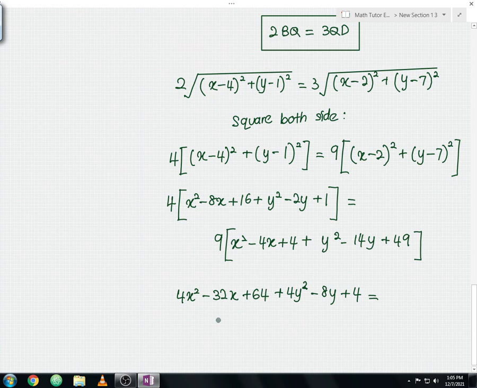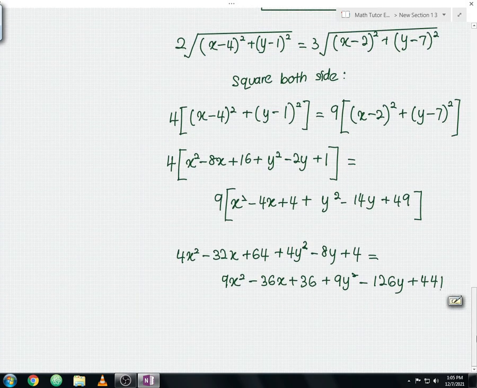So from here 9x square minus 36y, I mean 36x, sorry guys, should be 36x plus 36. And then plus 9y square minus 126y, and then plus 441. Once you come up to this stage, the rest is all algebra, guys.